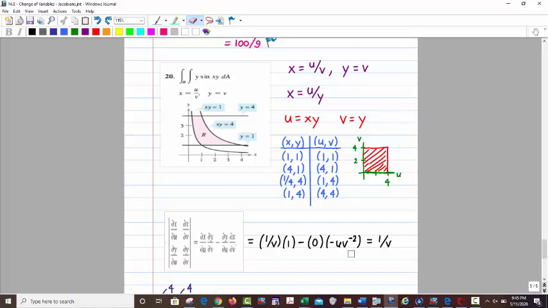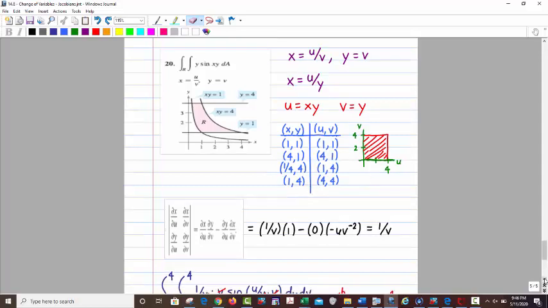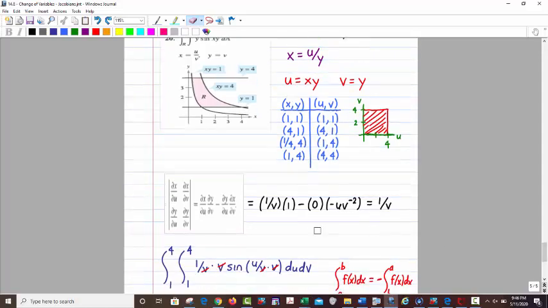And let's see how this simplifies. But the good news is, I won't explain that, because obviously the 0 wipes it out anyway. But in some other situation, you might not have a 0 there. So you ultimately end up with just 1 over v. Positive, so the absolute value, we don't have to worry about that. It's already positive.